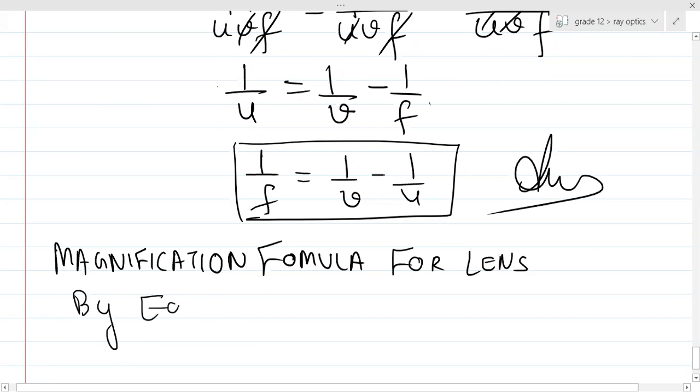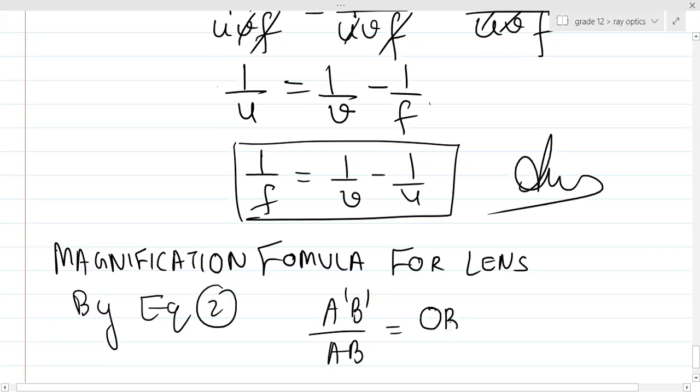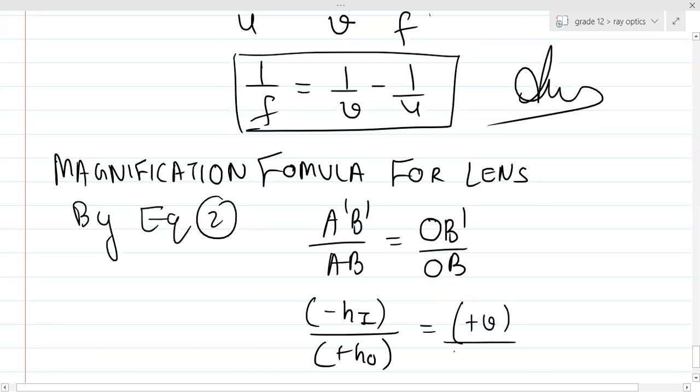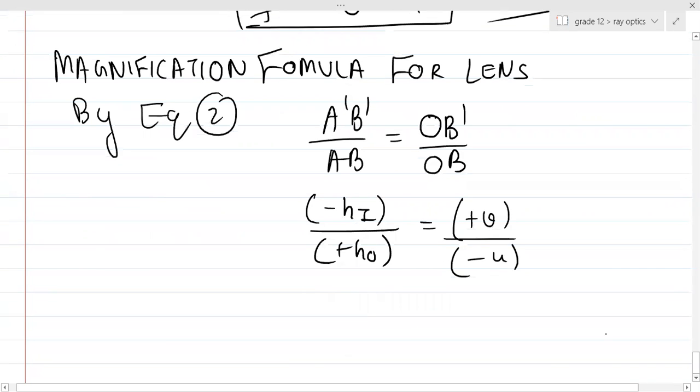So by equation number 2, A dash B dash upon AB is equal to OB dash upon OB. A dash B dash is basically minus HI, AB is basically plus HO, OB dash is the image distance, plus V, and OB is basically minus U. So from here, can you see, minus of HI, and the minus and minus signs will get cancelled.